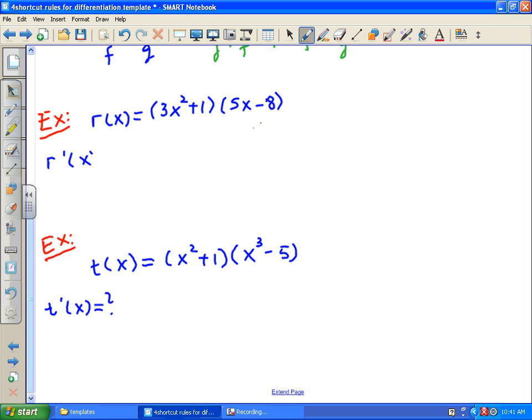So we're going to apply the product rule here, right? I'll take the derivative of the first multiplied by the second, plus write down the first as it is and multiply it by the derivative of the second, which is 5.